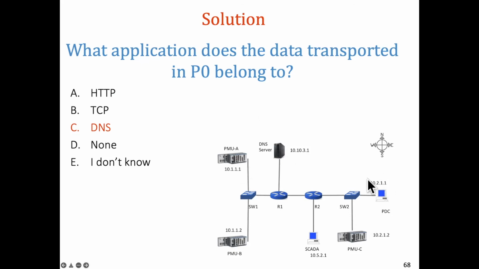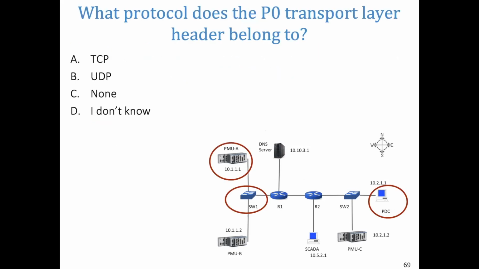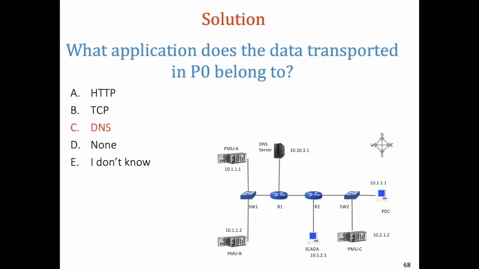Well, PMUA needs to find the IP address of PDC. For doing so, it should do the DNS request. After going through the ARP protocol, it can now successfully send a DNS request to the DNS server: what is the IP address of the PDC? The DNS server hopefully will reply with this IP address.